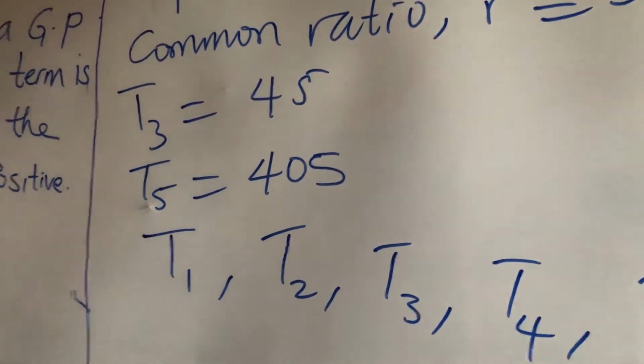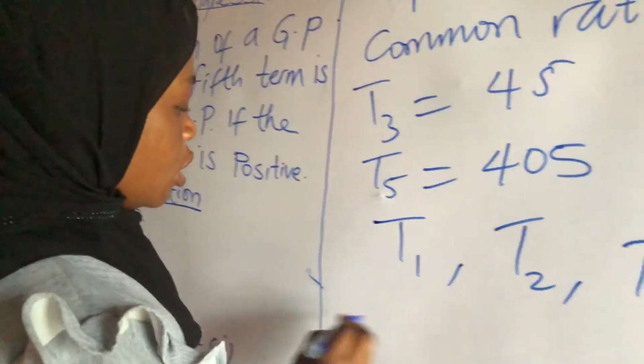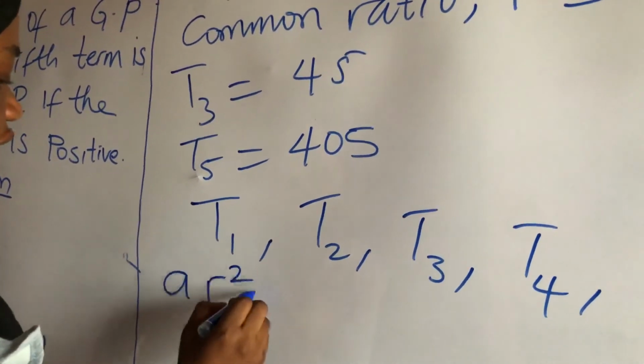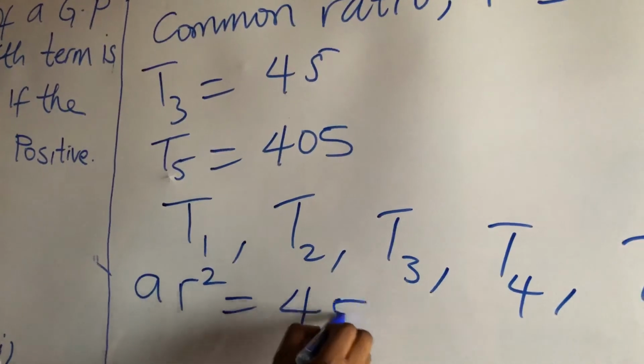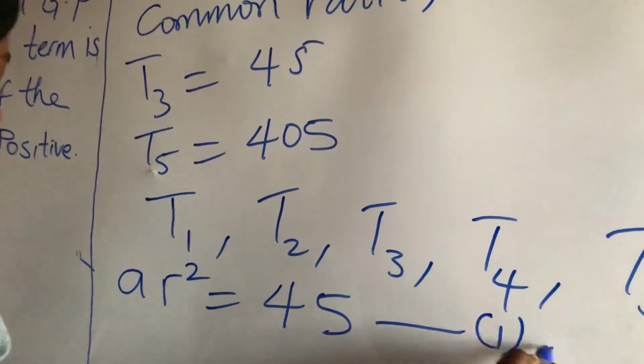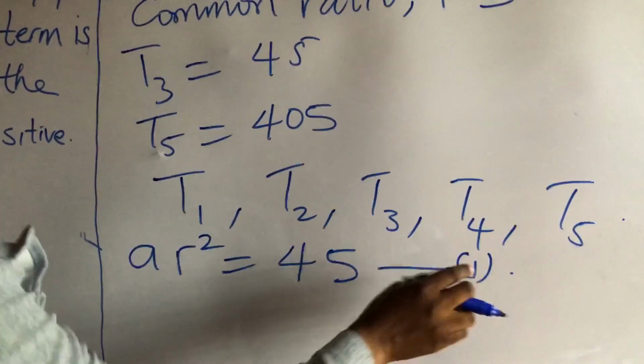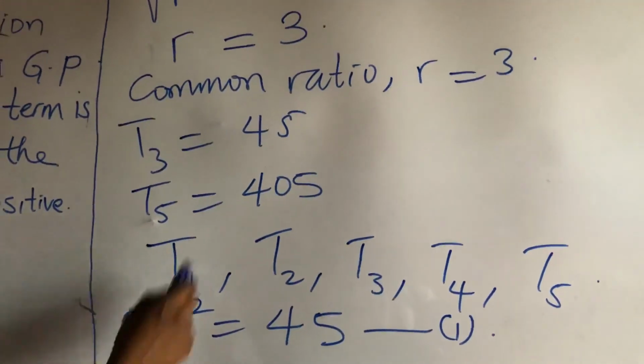So here we need to find a, which is the first term. To find a, we substitute the value of r into equation 1. So equation 1 is a r squared is equal to 45. So let's substitute the value of r, which is 3.